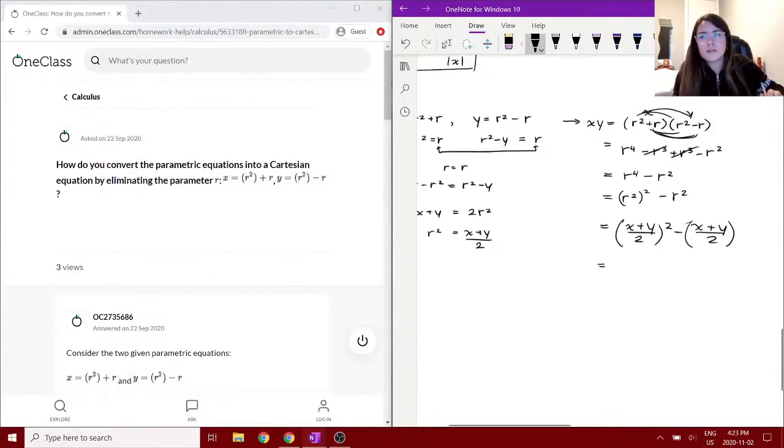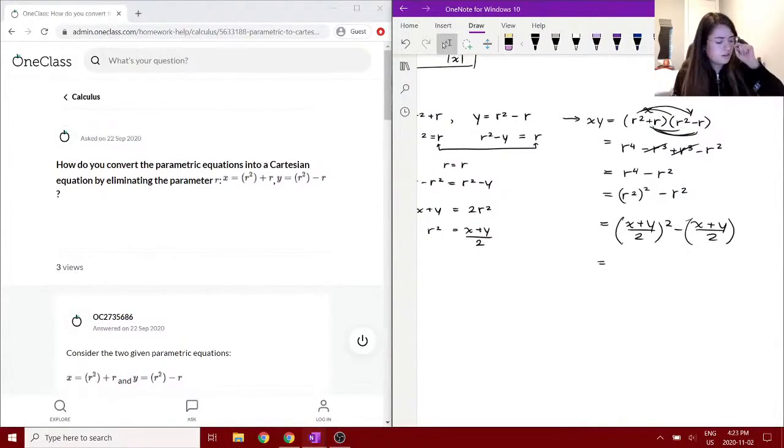Okay, so in the denominator we have 2 squared, which is 4.